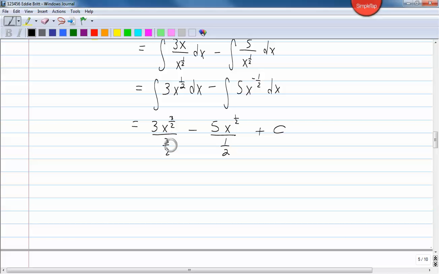Of course we're not going to leave these fractions in the denominators. You flip and multiply. So this will be 2/3 times 3 when you flip and multiply. So that's 2 x to the 3/2 minus, flip that and multiply, that'll give you 10 x to the 1/2 plus c.